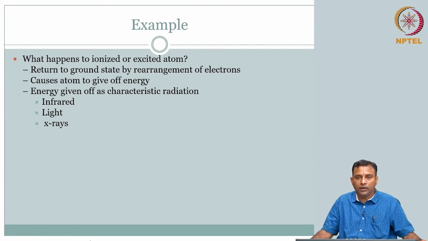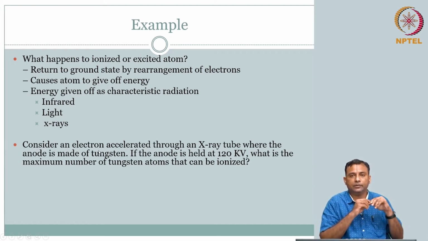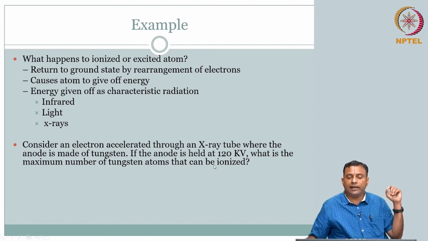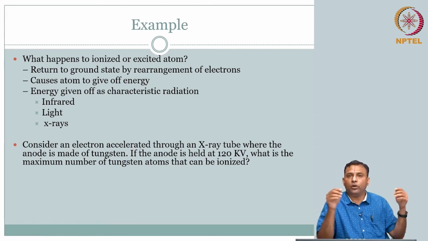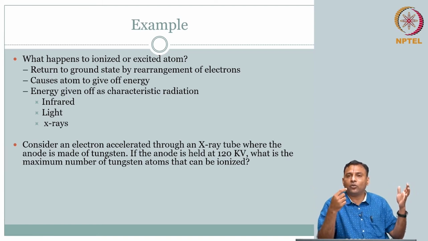So, now let us take a case to just get a feel for a number. You have an electron that is accelerated through an X-ray tube where the anode is made of tungsten. When I say the electron is accelerated, that means I have a voltage drop, and recall your definition for electron volt.